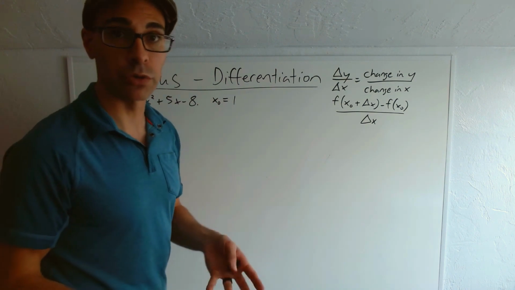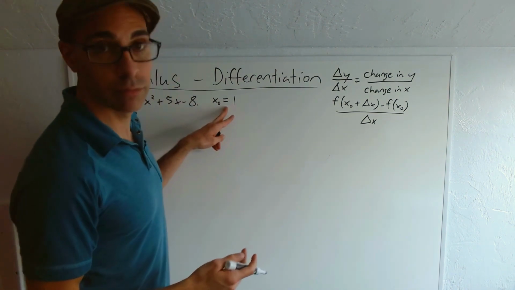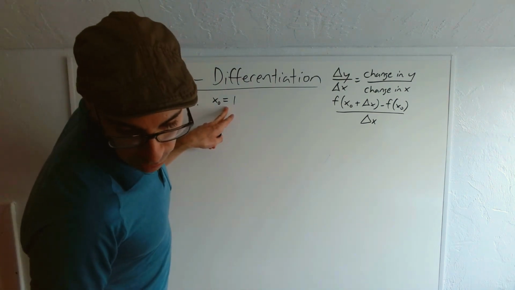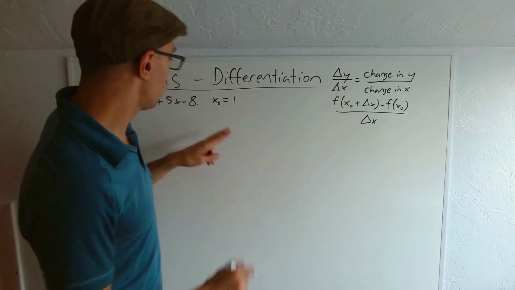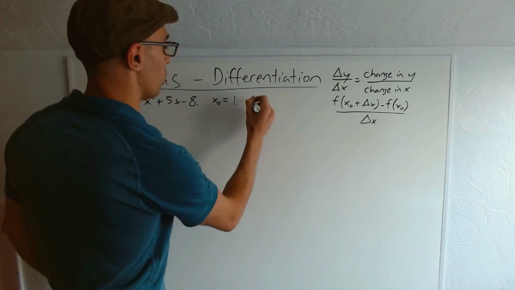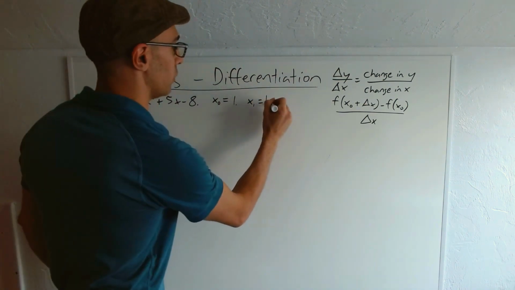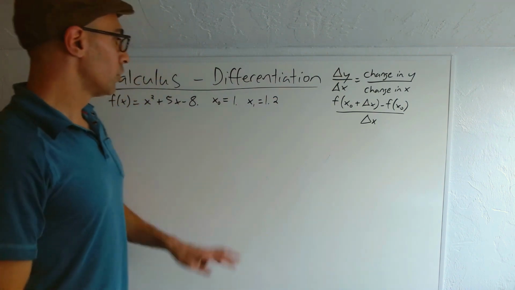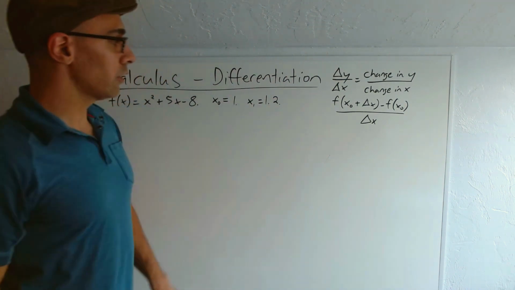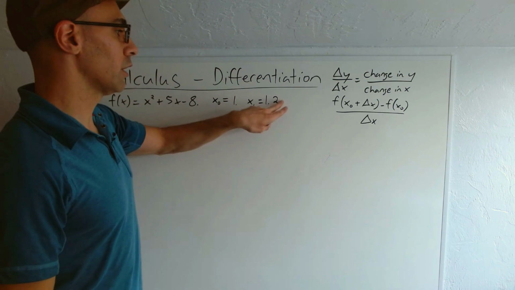So we're just being told x starts at 1. And we want to know, how does this function change from x equals 1? And we are told that the next step is x equals 1.2.